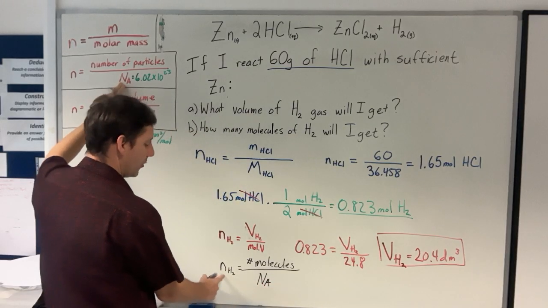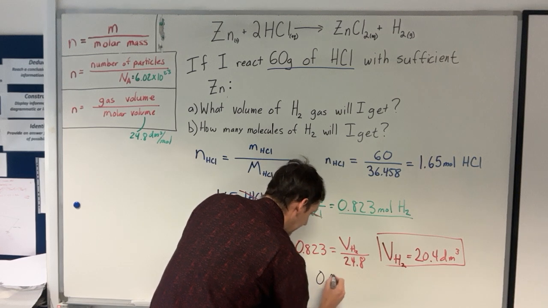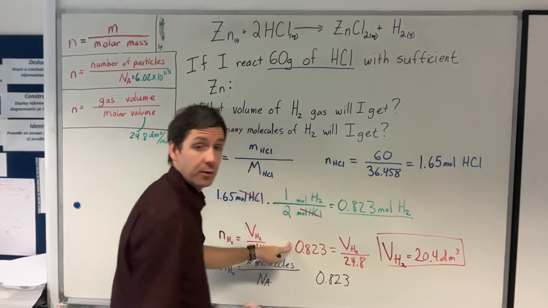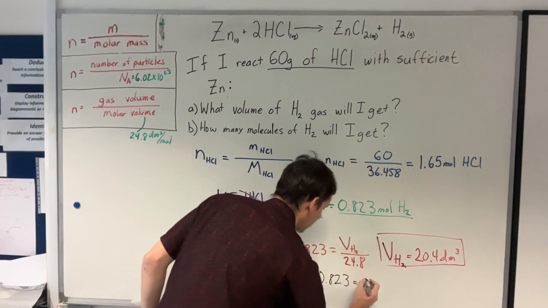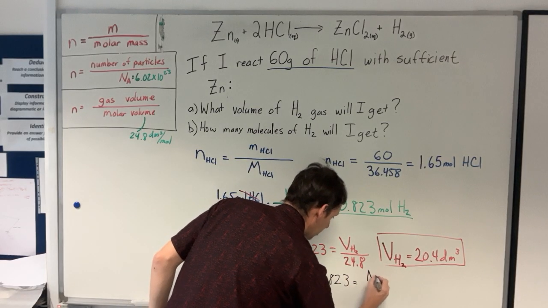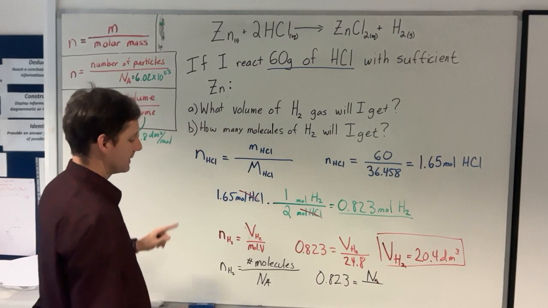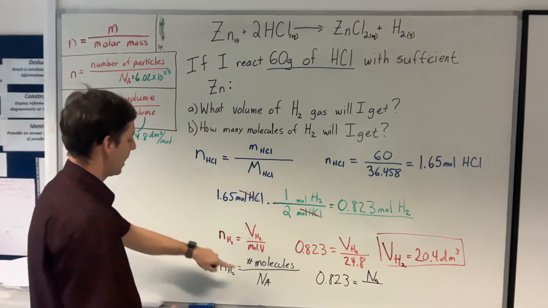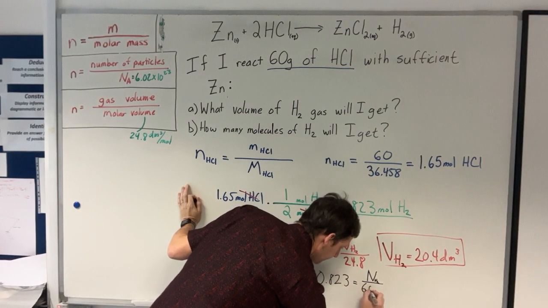So now I know that the moles of H2 are 0.823. That's not new. That's the same thing that we've been doing. That should be equal to then the number of molecules. So this time I'm going to put the N of the H2, and that's going to be divided by Avogadro's number, which is 6.02 times 10 to the 23rd.